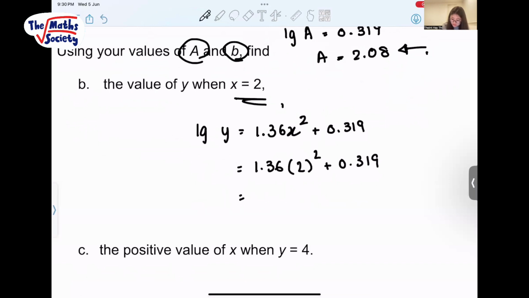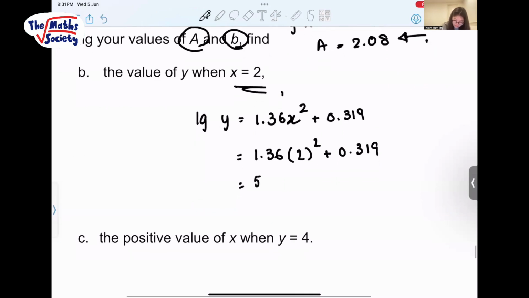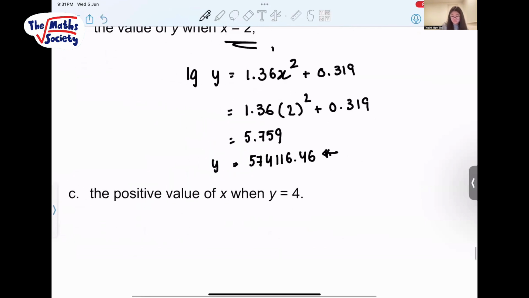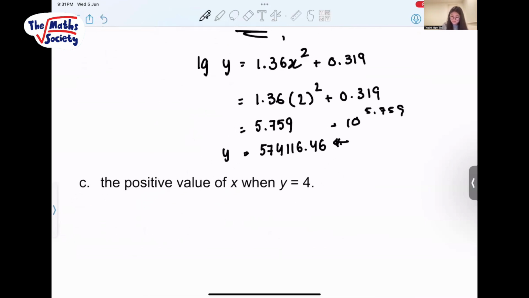So it's going to be 5.759. And they just want y, so it's just going to be 10 power 5.759, which is 574,116.46. And that is going to be the y value, because if it's lg y, it's just going to be 10 power 5.759.